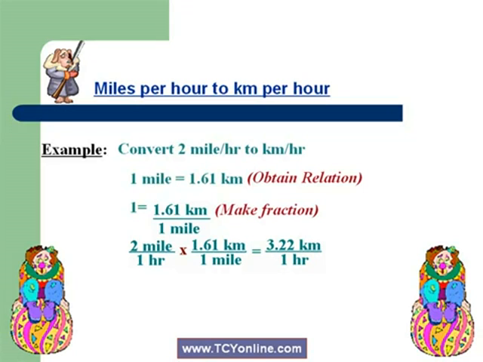Now to convert this into kilometers per hour, multiply this 2 mile over 1 hour by 1.61 kilometer over 1 mile. We simply get 3.22 kilometer over 1 hour. Hence 2 miles per hour is equal to 3.22 kilometers per hour.